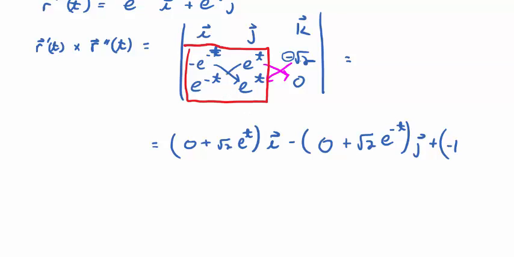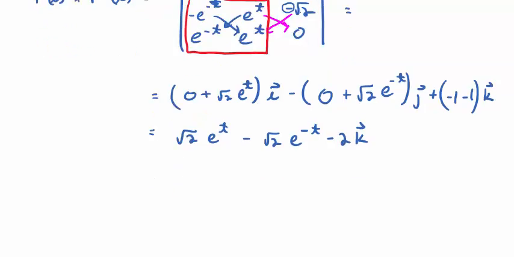And then minus e to the t times e to the negative t, which is minus 1 times k. So cleaning it up, for the cross product we get square root 2 e to the t minus square root 2 e to the negative t minus 2k.